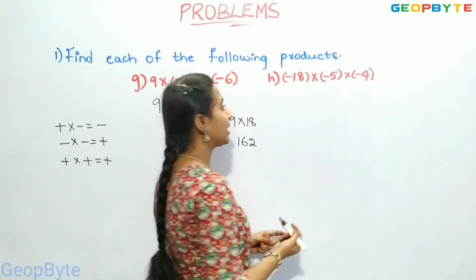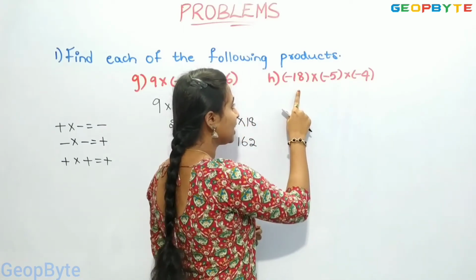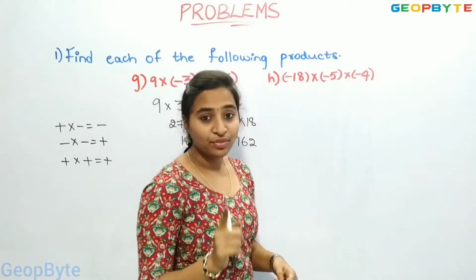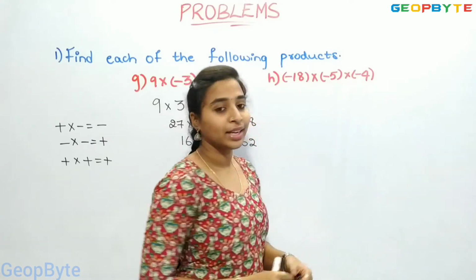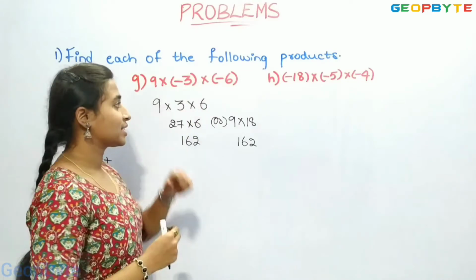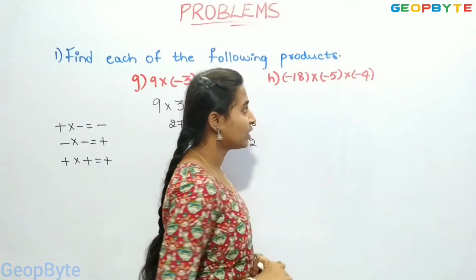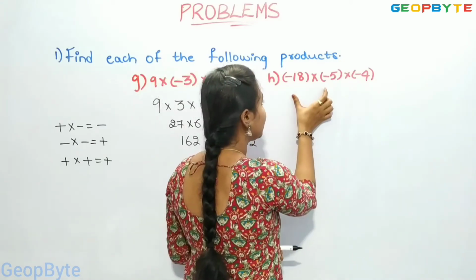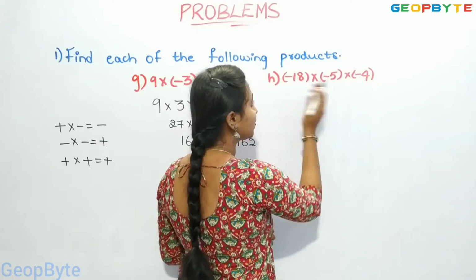Right? Now let us see this one. We have minus 18 into minus 5 into minus 4. If you see, here we have 3 minus signs. Till now, we have gone through only 2 minus signs. Now, we have 3. Let us solve. First, let us take any two integers, either these two or these two. Let us go in order.